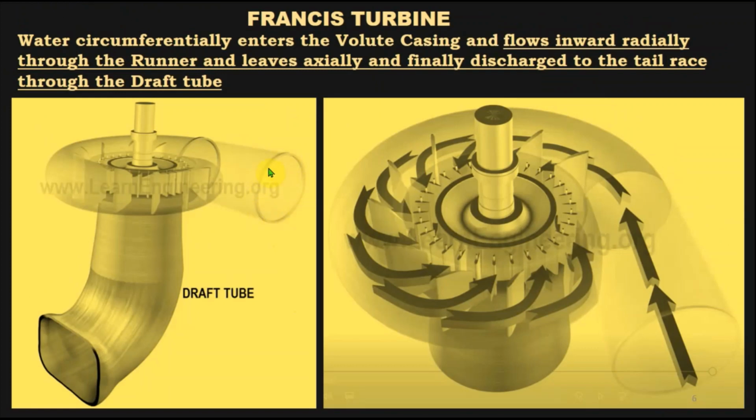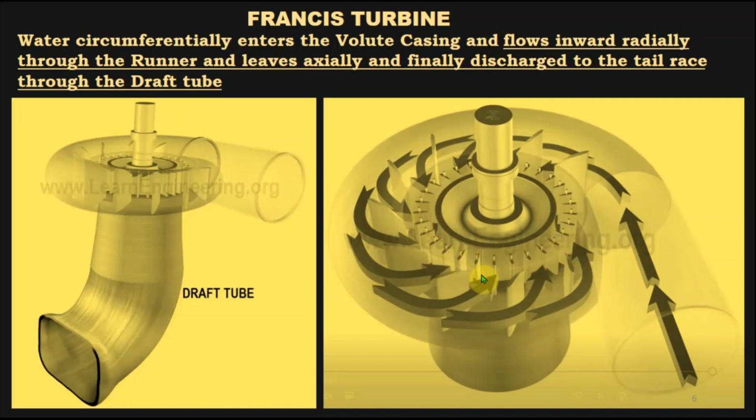Water enters circumferentially in this volute casing and then flows inward radially, first through the stay vanes and then through the guide vanes. Guide vanes are fitted on a wheel called guide vane wheel, which is stationary. Those are also called wicket gates, and they regulate and guide the flow at proper angle to the runner vanes.